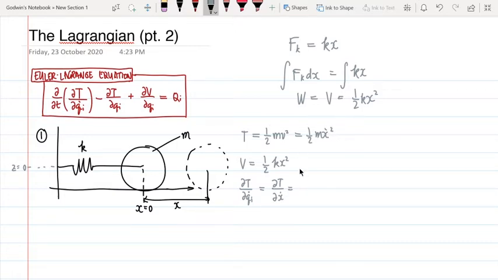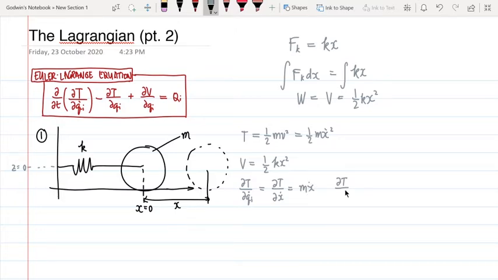So we bring the 2 down. It's gonna cancel with a 1/2. So we're left with mx dot, and then we're gonna differentiate it. Sorry. No, never mind, sorry. That's for later. Ooh, spoiler. Okay, we're just gonna be left with this expression mx dot, right?